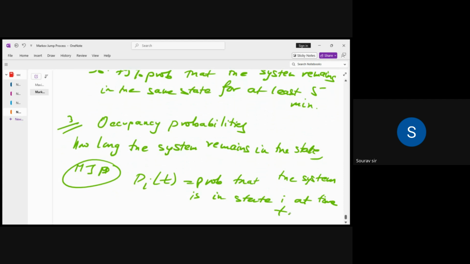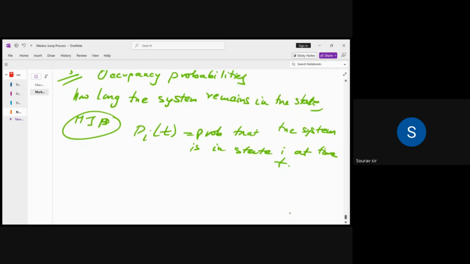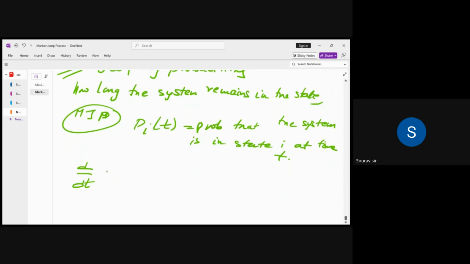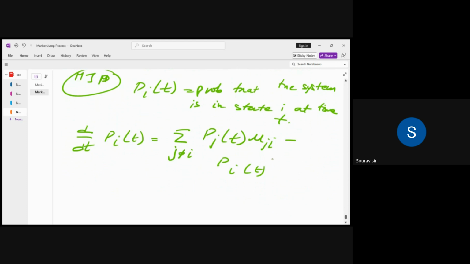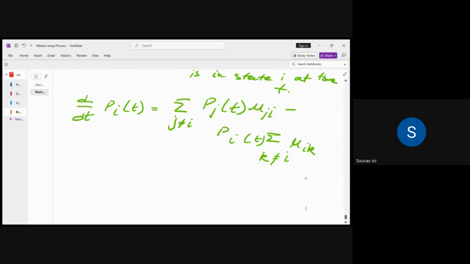Okay. So this is governed by the Kolmogorov forward equation. Here the equation will look like P_i'(t) is equal to the summation over j not equal to i of P_j(t) mu_ji, minus P_i(t) times the summation over k not equal to i of mu_ik. So the probability of being in state i at time t depends on what?